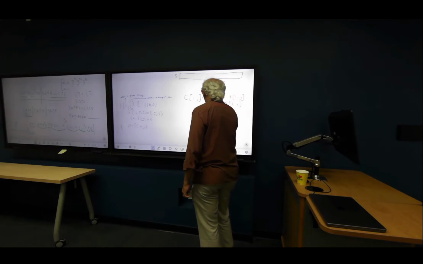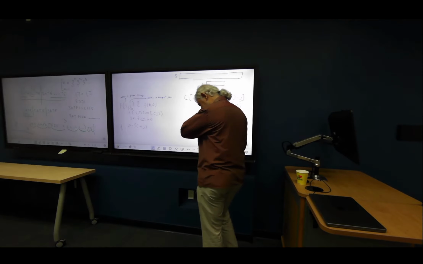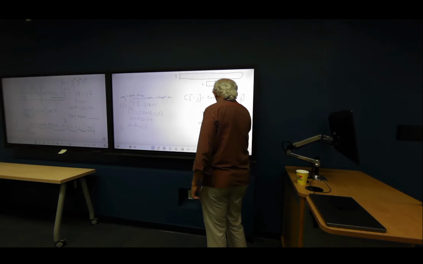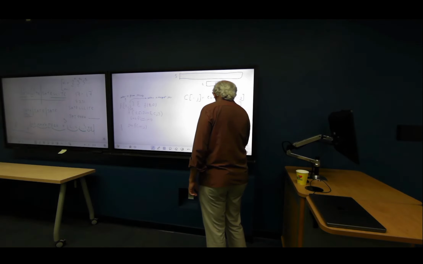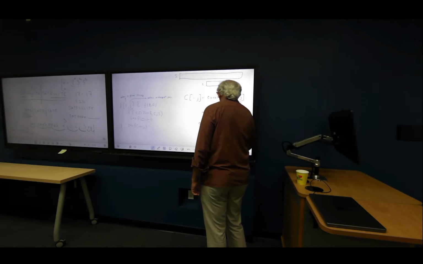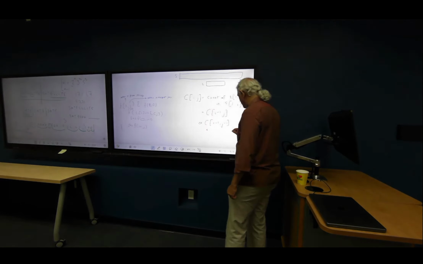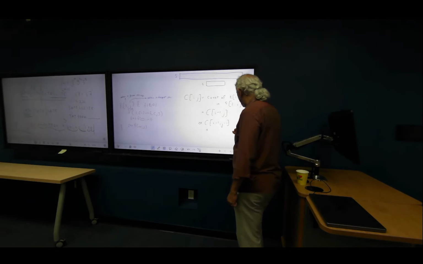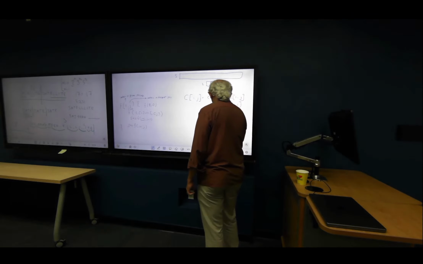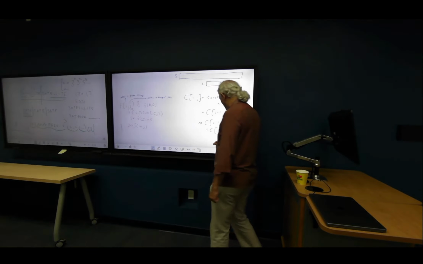Otherwise, it's going to be C of i minus 1, j minus 1 plus something, which I have to figure out. It'll come in a second. Plus C of i comma j. Let me explain what this is.